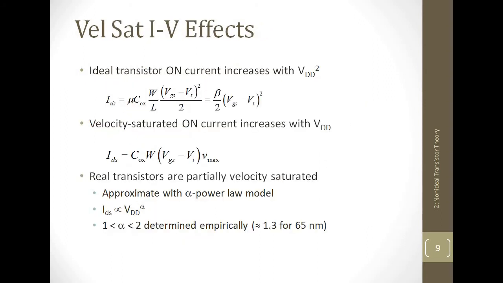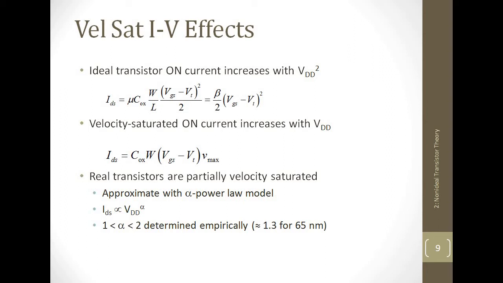Next, velocity saturation IV effects. Ideal transistor on current increases with VDD squared, whereas velocity saturated on current increases with VDD. So IDS is Cox W times (VGS minus VT) times Vmax. Real transistors are partially velocity saturated, approximated with the alpha power law model.